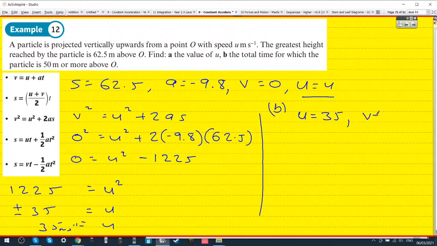As S, 62.5 minus 50. So it would look like this, like shoots up, shoots down. This here is like the 50 mark. This here is the 62.5 mark. We want the time that it's above 50.